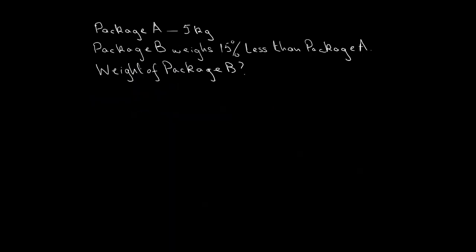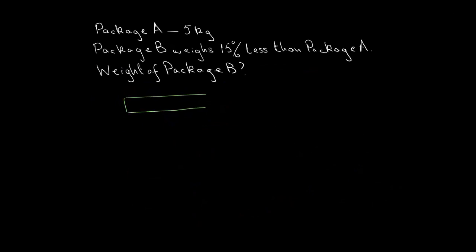So let's say package A weighs 5 kg. Package B weighs 15% less than package A. What's the weight of package B? So here's package A, and package A is going to weigh 5 kg.